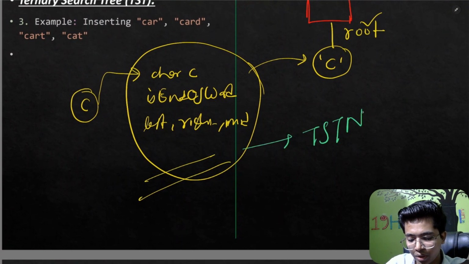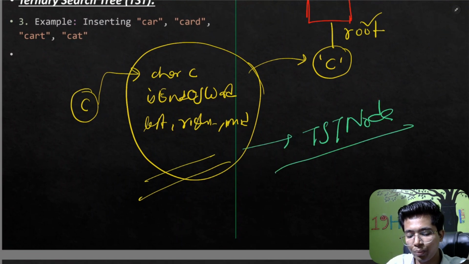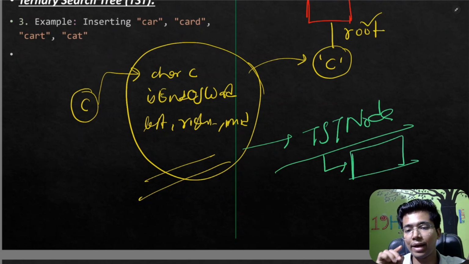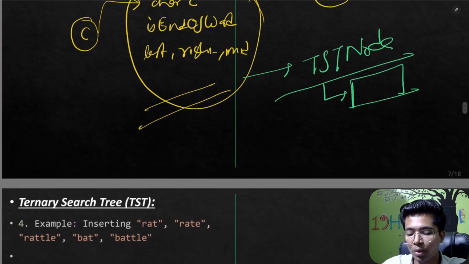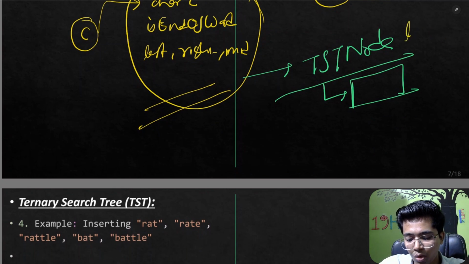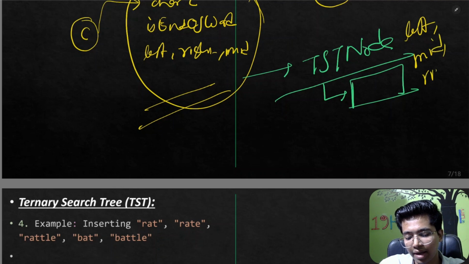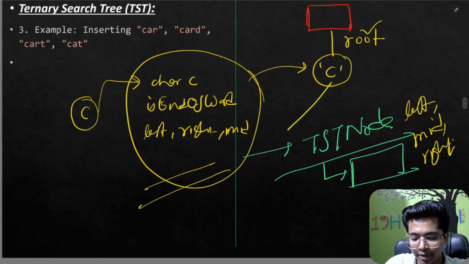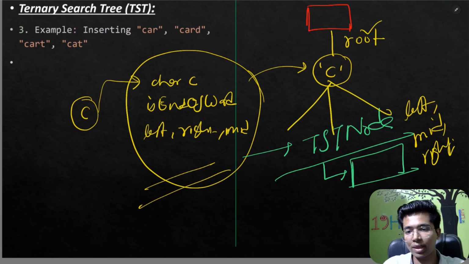Every time, whatever we do, either we create our root node or any pointer, we create it with respect to this class. This is like TST node left, so this is the left pointer. Mid, this is the mid pointer. Right, this is the right pointer. And do you know what these pointers do? They point to the next character that we have declared in the TST node class.